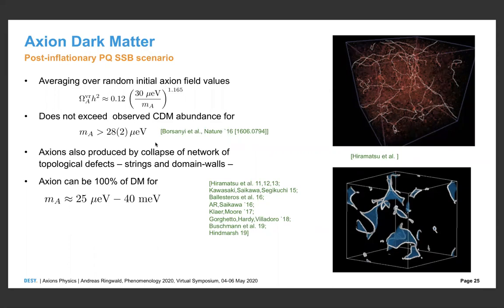So one thing to take home from this is that the axion mass can still be between 25 microelectron volt and 40 millielectron volt, and we cannot make this uncertainty really smaller.